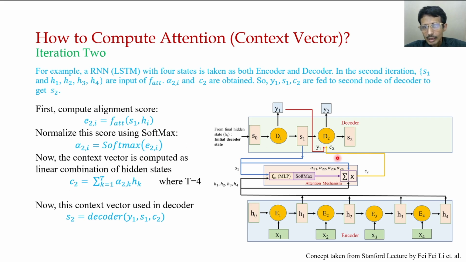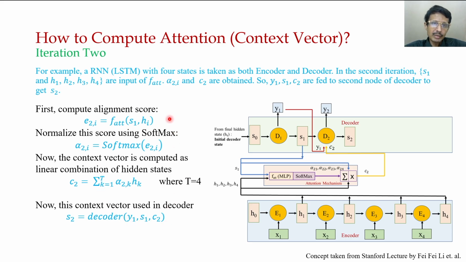We can get C2 in the similar way from alpha_{2k} and h_k. And now this context vector C2 is useful for the decoder, so C2 is coming here. Y1 is coming here, so the output of the first step becomes the input to the second step. Y1, S1 and C2 are the input to this decoder.